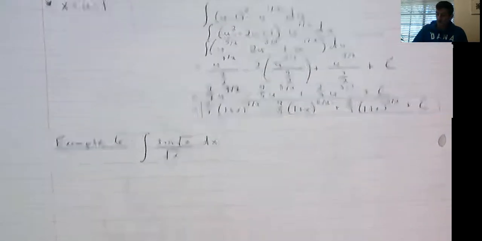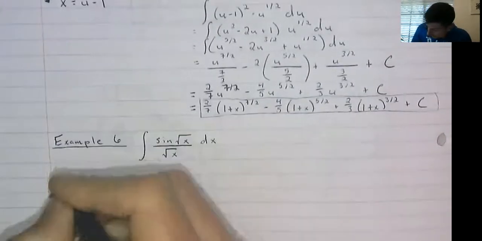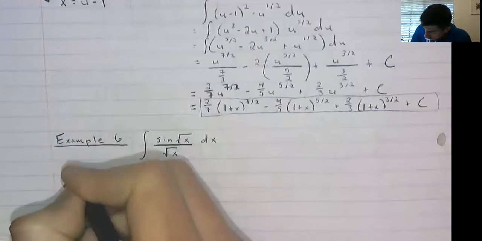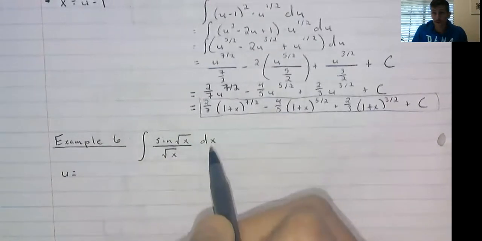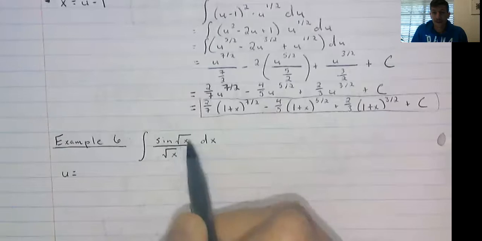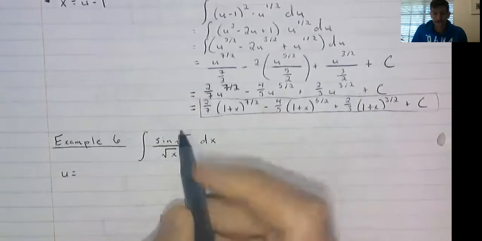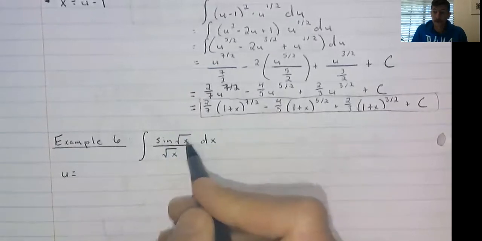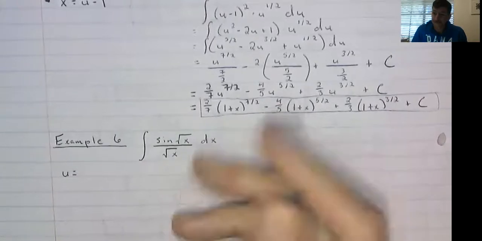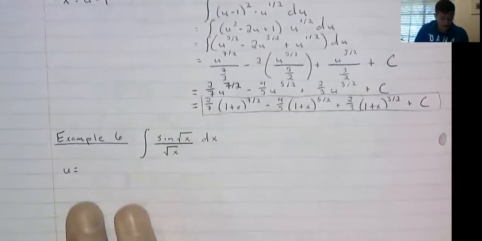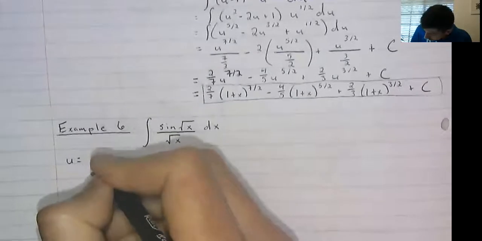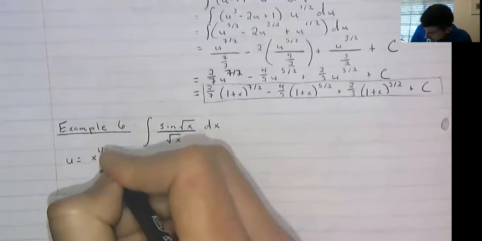For now, we're just going to define our u, using that same notion of looking for the innermost function. We have a composite function involving sine, sine being the outer function, square root of x being the inner function. So we're going to say that u is equal to x to the 1/2, square root of x.